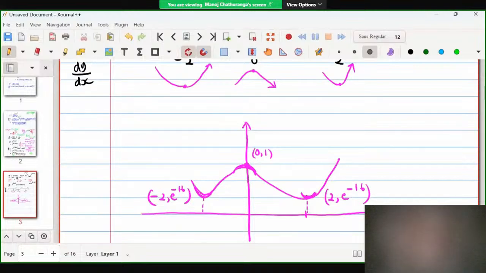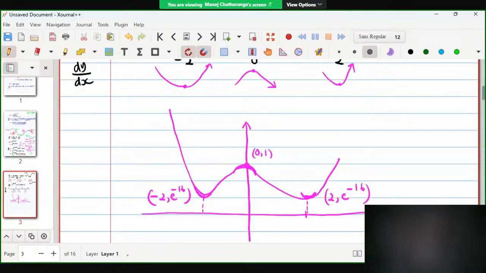Before negative 2, there is no horizontal tangent line. The derivative is always negative. That means the function is always decreasing. It should look like this. And after 2, the derivative is always positive. That means the function is increasing.